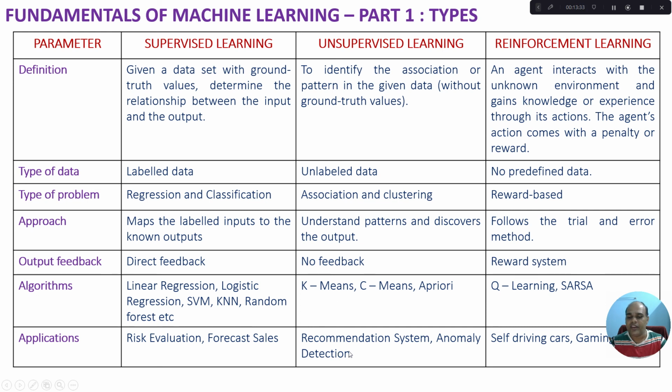Unsupervised learning can be used in recommendation systems and anomaly detection systems, and reinforcement learning can be used in self-driving cars and gaming consoles. So here we see the differences between different types of machine learning techniques: supervised, unsupervised, and reinforcement learning.